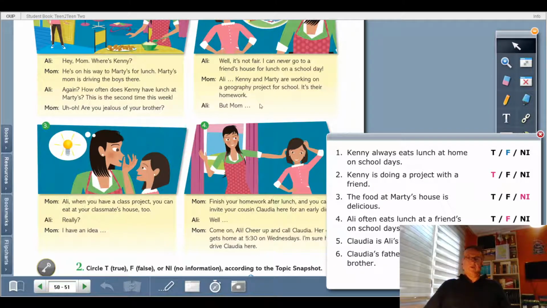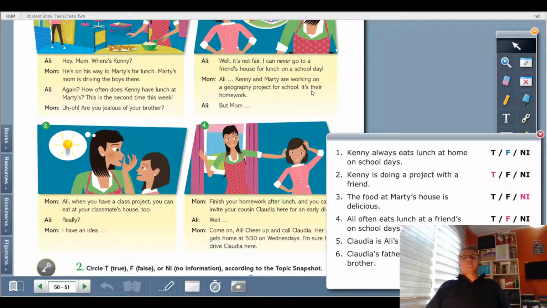From the dialogues, we don't have certain information, whether it's delicious or not. So we say no information. Ali often eats lunch at a friend's on school days. Why? How often does Kenny have lunch at Marty's? This is the second time this week. You see, that's not normal.